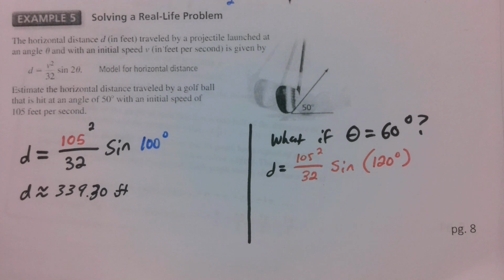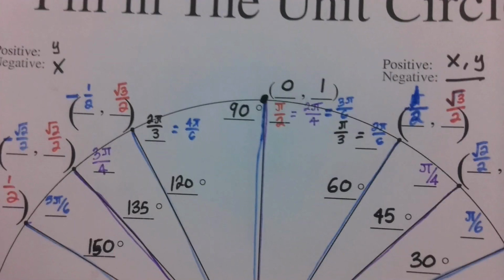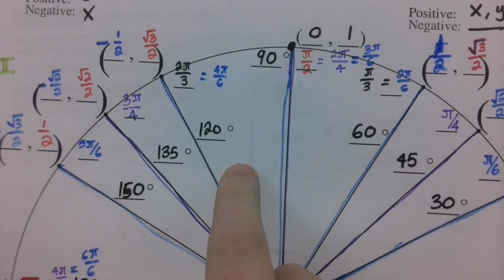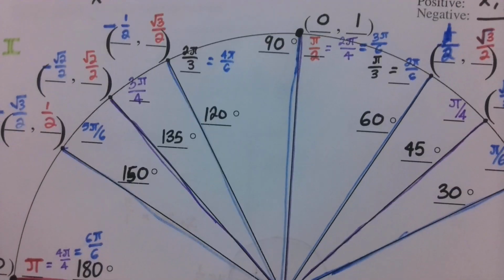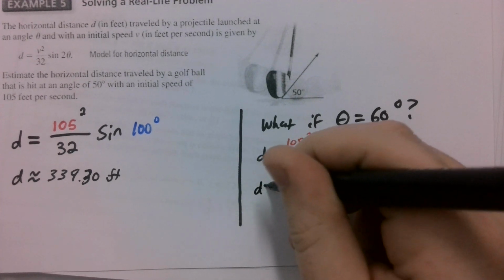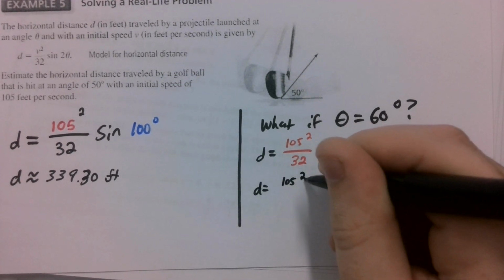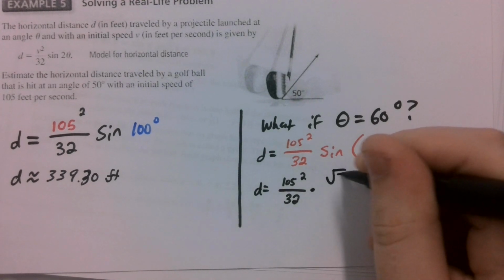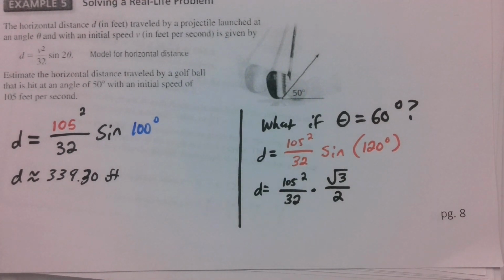And hey, we know from our unit circle the sine of 120 degrees is just going to be a perfect number. If I look on my unit circle, the sine of 120 degrees is the y value at 120 degrees. The y value at 120 degrees is root 3 over 2. So d, the distance, is just 105 squared over 32 times root 3 over 2.